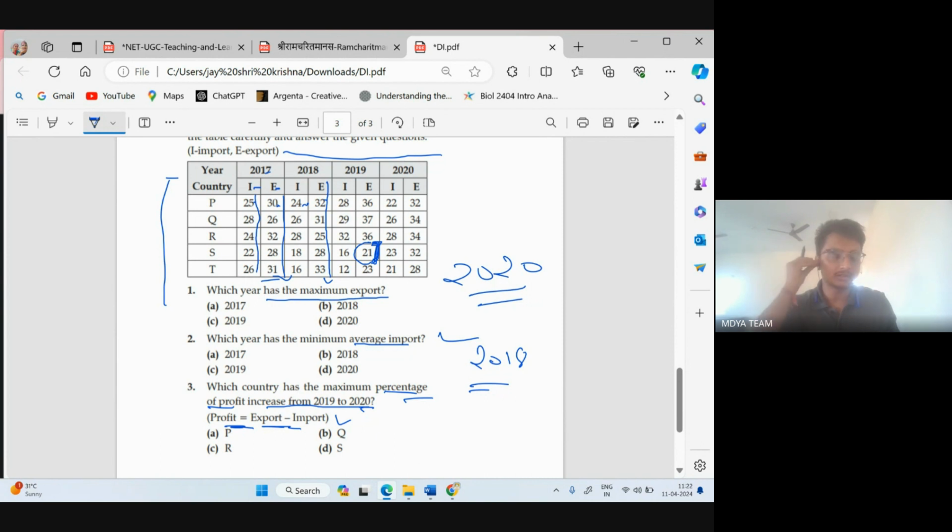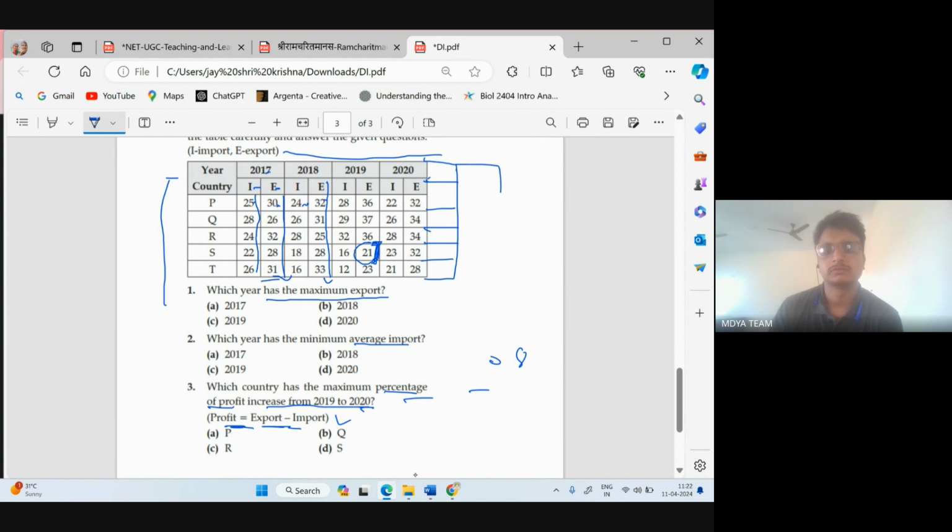First, let's make a single table here and calculate the profit. Here we will calculate profit for 2019 and here for 2020.